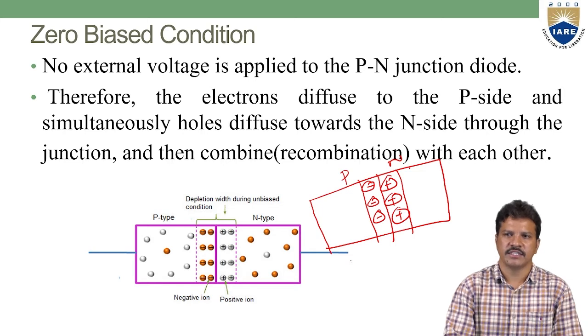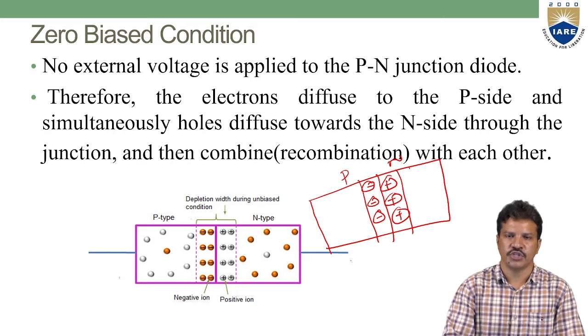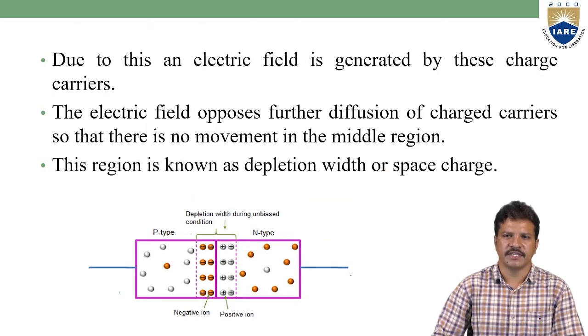So this potential across the junction stops further recombination, or further crossing of these charge carriers. A voltage is developed across the junction, which is approximately 0.3 V for a germanium p-n junction diode and 0.7 V for a silicon p-n junction diode. Because the charge carriers are depleted across the junction, this is called the depletion width or depletion region.